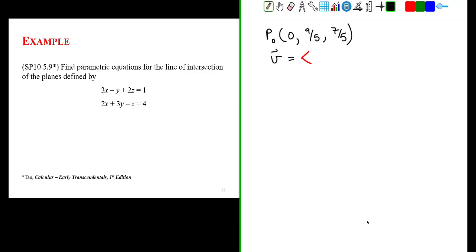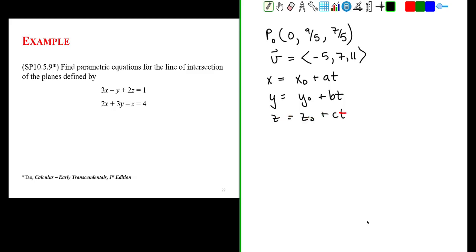Let's put that here: -5, 7, and 11. The parametric set of equations are given by x equals x0 plus at, y equals y0 plus bt, z equals z0 plus ct.